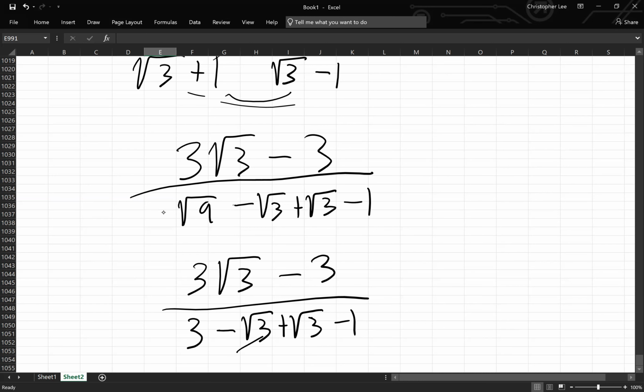Combine like terms, I think this cancels out. So this is 3 square root 3 minus 3 over 2.